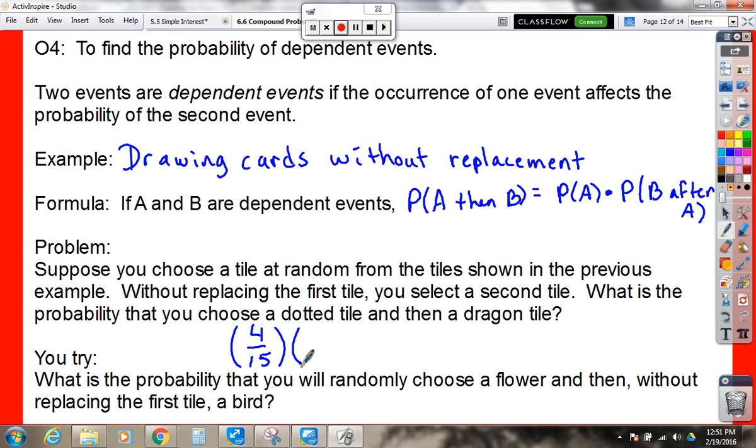Good. So now what's the probability that you're going to draw a dragon tile? Kyle? Since that rhymes with tile. 3 out of 14. Good. So there's still 3 dragon tiles left on the board, but there are only 14 tiles now because we used up one when we drew the first tile.